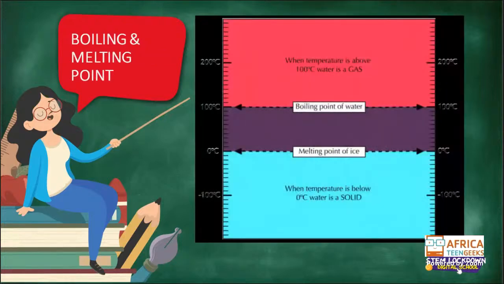All right. Now let's go on. There is this picture. I hope you see it clearly. It is just to consolidate what you have learned so far. Now, when do we say that water is a solid? When water is a solid, it means the temperature is below what? 0 degrees.